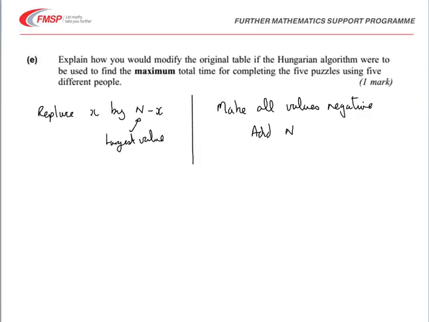But the reason for the second one is that you're explaining that you're making it negative, which is why it's going to be maximizing rather than minimizing, because then you're finding the minimum negative value, which is equivalent to maximizing. Whichever way you decide to explain it, there was simply a single mark given for that explanation.